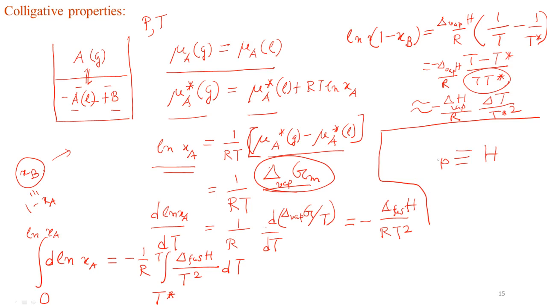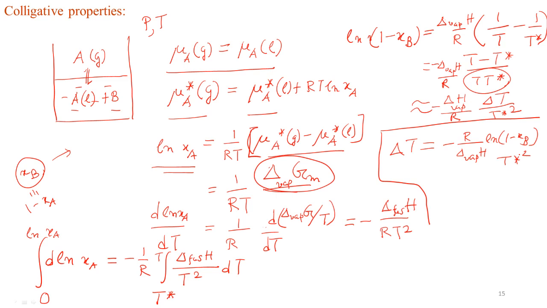Now, alternatively, the expression for delta T is sometimes written as R by delta vaporization H into ln 1 minus XB, times T star squared, and as we can see, it is proportional to XB, and then you can just manipulate all these terms.